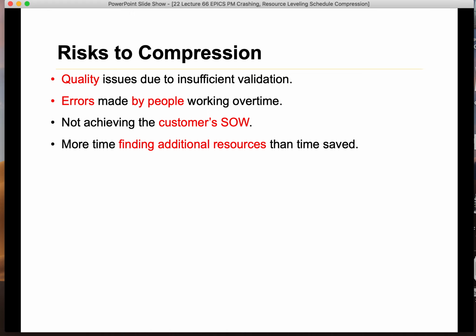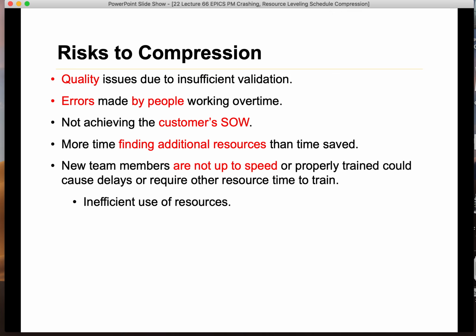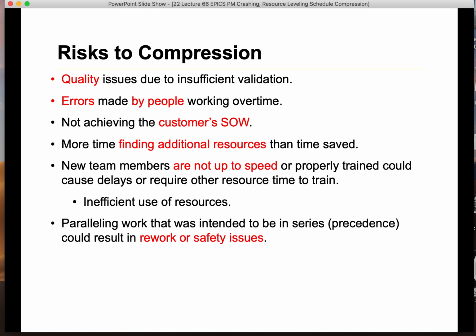Then you will again decrease your time monitoring your project and progress, and guiding your people. Then you will have problems again. New team members are not up to speed. There will be rework and safety issues. There are a lot of questions about job safety and product safety. Others, sure.